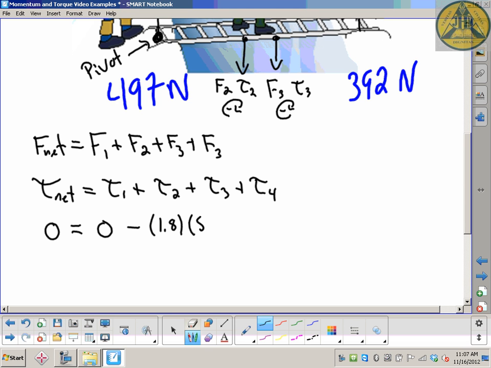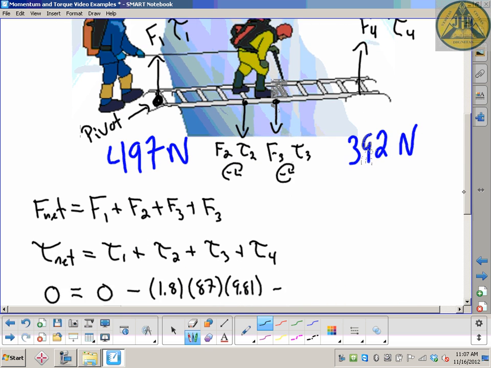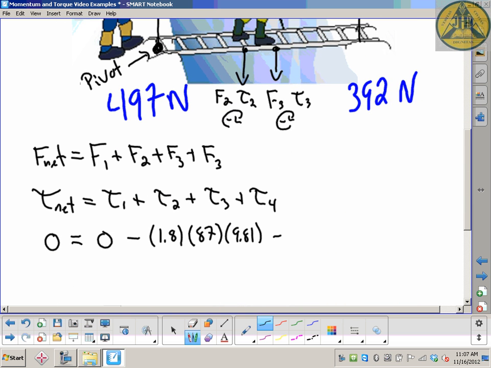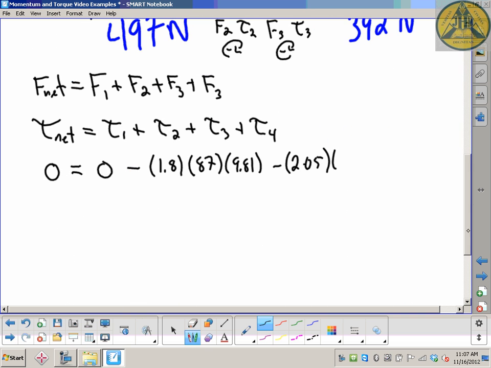It's an 87 kilogram person, so times that by 9.81. Torque 3 is negative. It's the middle of the ladder. The ladder is 4.1 meters, so 4.1 divided by 2 is 2.05. Again, times the mass of the ladder, 3.6 times 9.81.